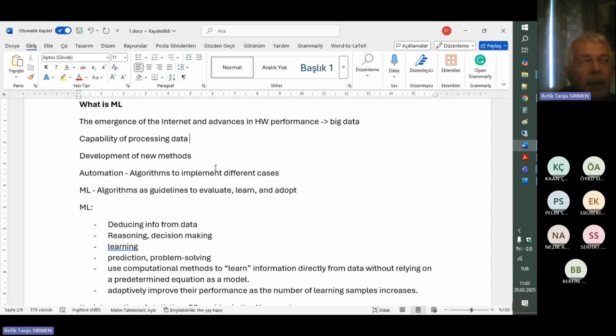I mean, we provide guidelines to make decisions and take actions, and then evaluate all these actions, see what the result is, learn and understand whether it is correct or not, and then adapt yourself.